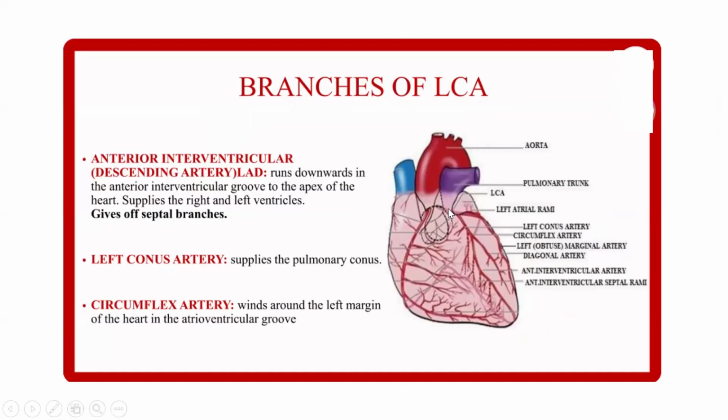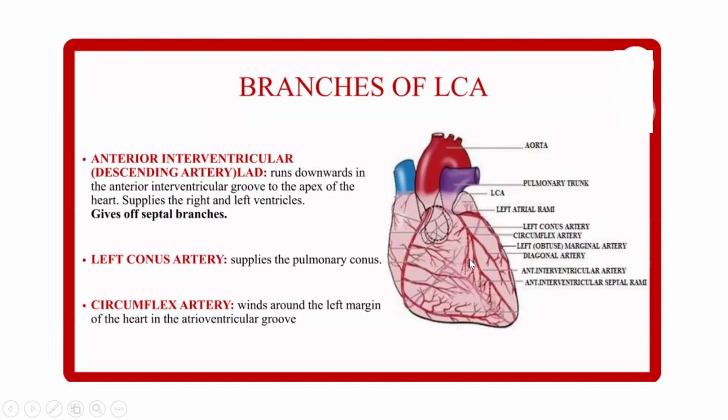It runs downwards in the anterior interventricular groove to the apex of the heart and it supplies the right and left ventricles, and it is the artery which gives septal branches to the anterior 2/3 of the interventricular septum. Then it gives the left conus artery. Again, it supplies the pulmonary conus, which is also supplied by the right conus artery from the right coronary artery.